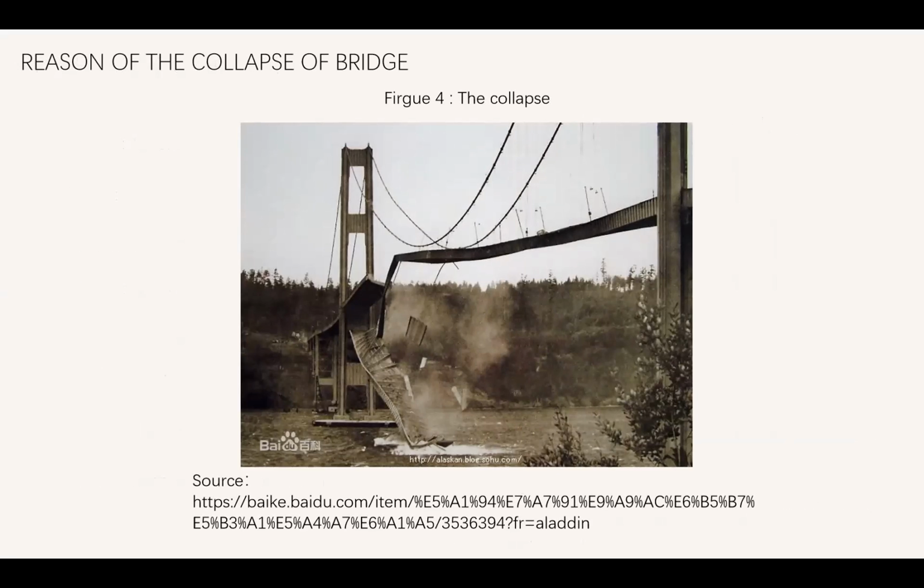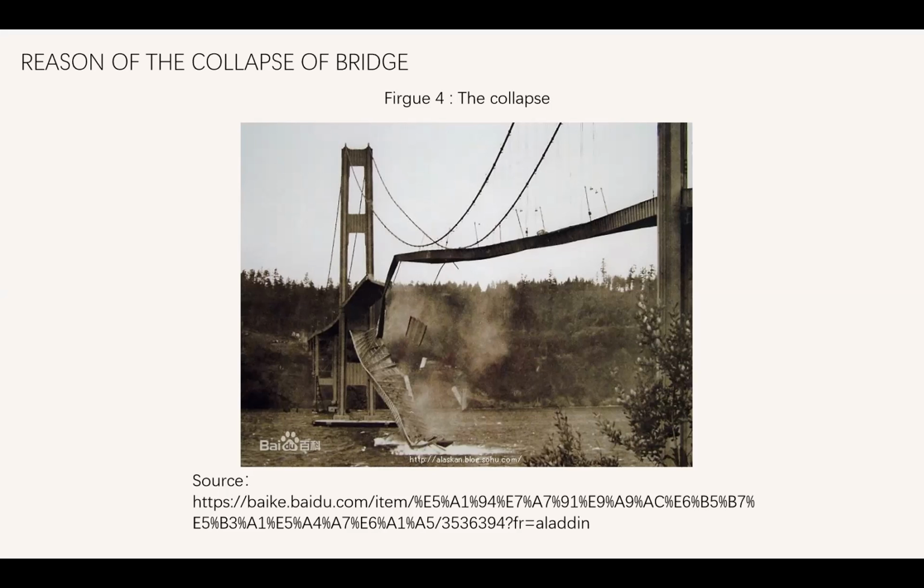However, it failed and collapsed due to aeroelastic flutter. The failure of the Tacoma Bridge has become a famous case in bridge engineering study and structural dynamics courses nowadays. It was due to the torsional oscillation caused by wind at a velocity of around 67 kilometers per hour.